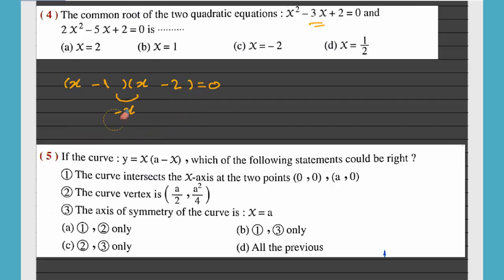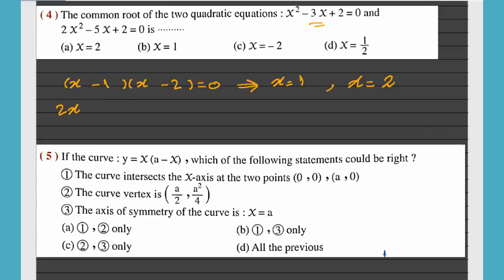So x minus 1 multiply x minus 2 equals 0, it means x equals 1 and x equals 2 are the two roots of the first equation. Again, with respect to the second equation, what do we write? 2x squared.